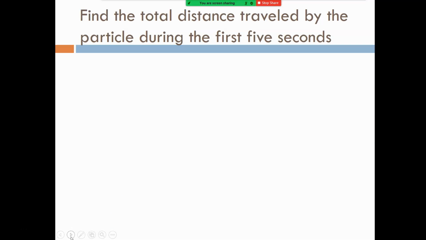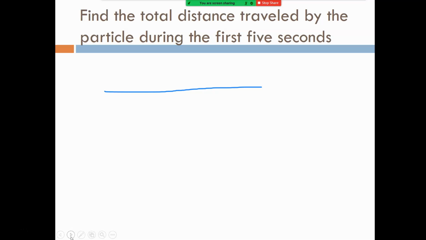Okay. And then the next is find the total distance traveled by the particle during the first 5 seconds. And this is actually what I started to do on your homework. Instead of displacement, I jumped to total distance. When you were having issues with it, I wasn't paying attention to the wording very well. Total distance is the absolute position with the particle changing direction taken into account.